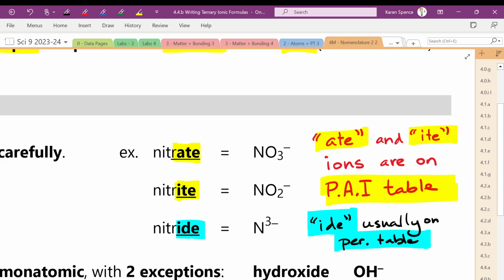So you have to watch out, because if you just see the nitra and you get excited, you might write down the wrong ion. You might be like nitrate, but you write nitride, and okay.